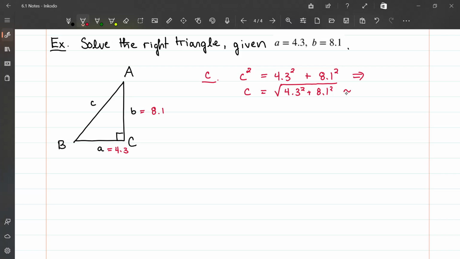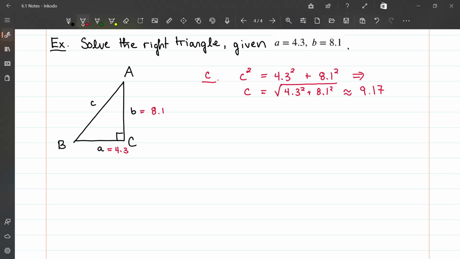Based on my calculator, what I'm seeing is that we should get approximately 9.17. And that checks out because it is a little bit bigger than the other two sides, like we'd expect.